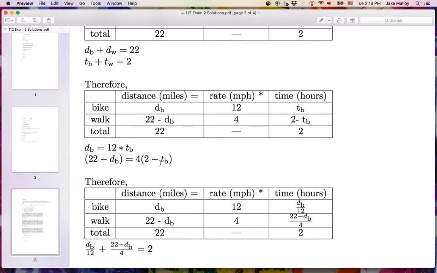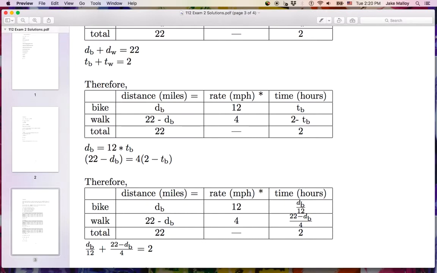Now when I do that, I can make some different relationships. So for example, here, if I'm solving for t sub b, I can divide both sides by 12. When I divide by 12 here, I get t sub b, and here I get d sub b over 12.